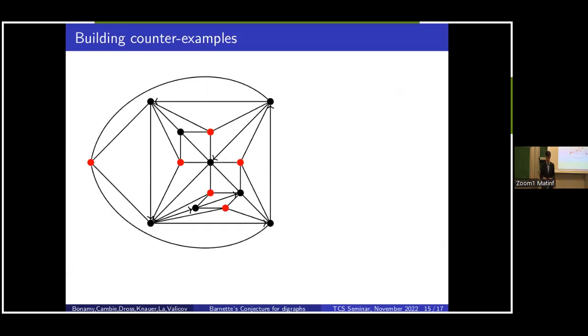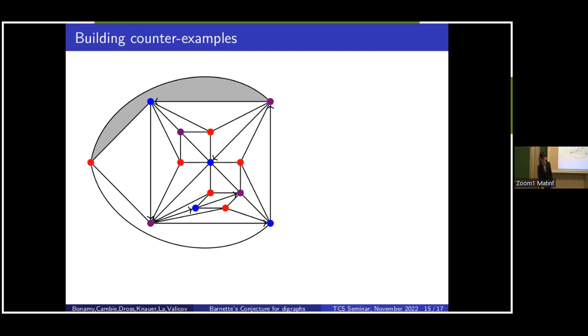Here are all the edges in the triangulation. I did not show you all the orientation, but we orient this in some good way. We also glue, okay, so this is the 3-coloring of your even triangulation. And we also glue another version of this gadget inside itself.